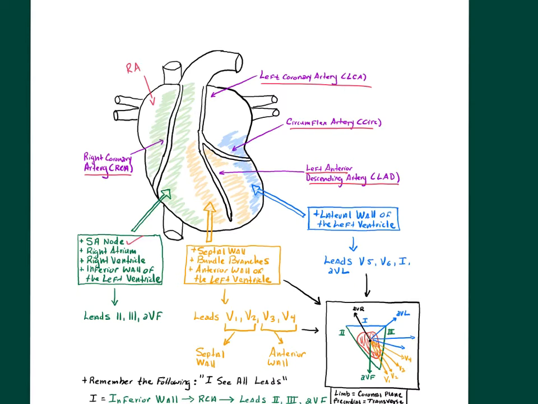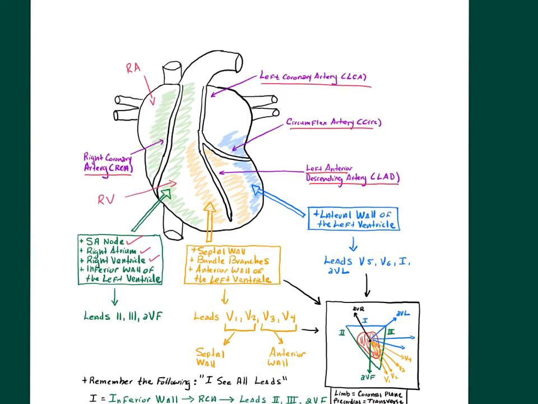What else? You've got your right ventricle here. And what about the left ventricle? Do you think the left ventricle is going to get any perfusion from the right coronary artery? Sure, yeah.